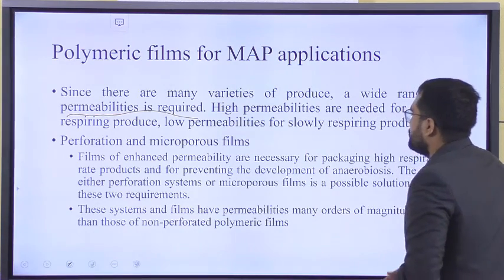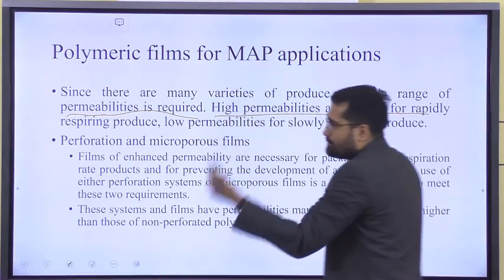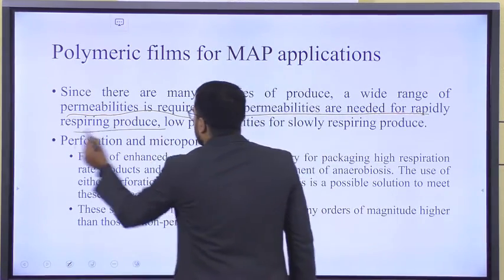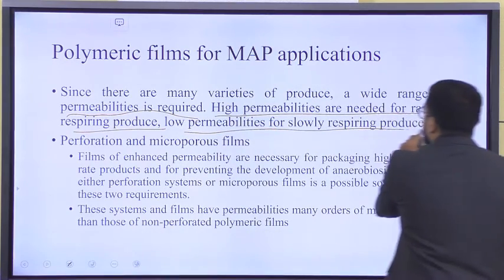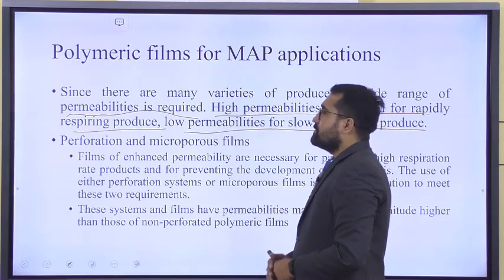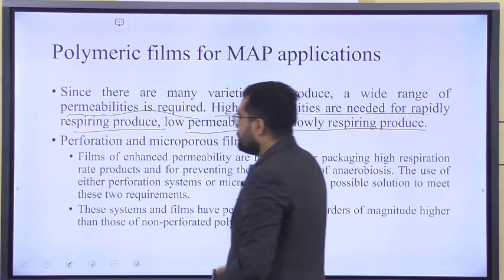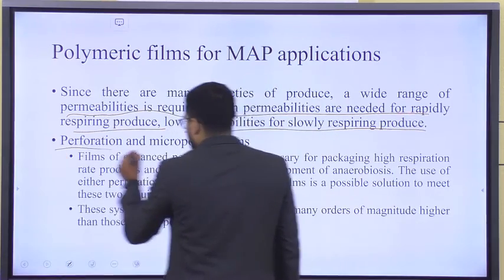So we need high permeability for rapidly respiring produce, and low permeability for produce which respires very slowly. So the perforation or microporosity of the film depends upon these factors.